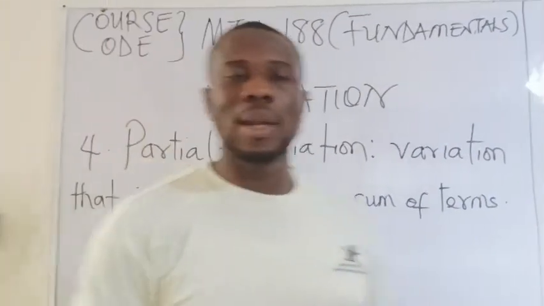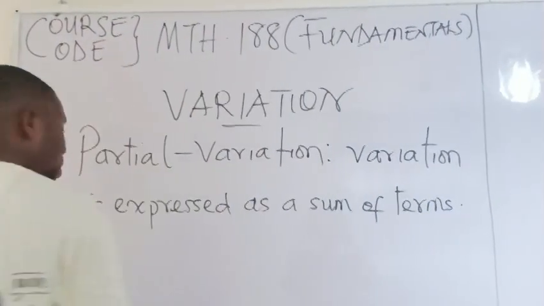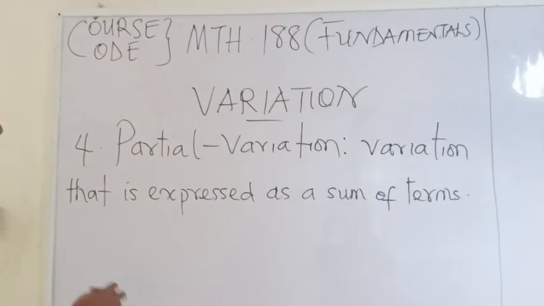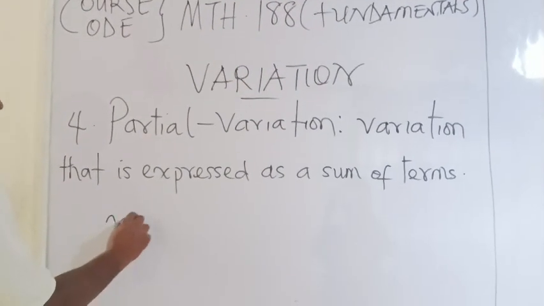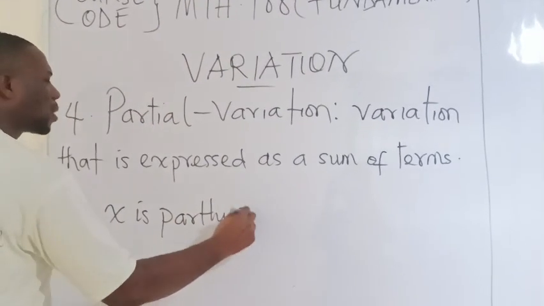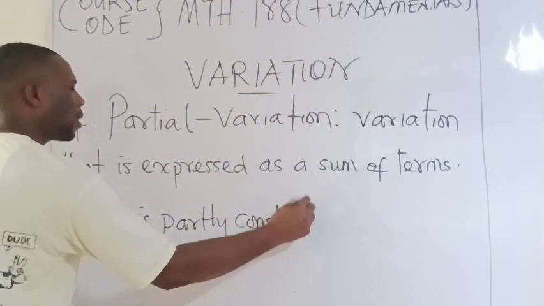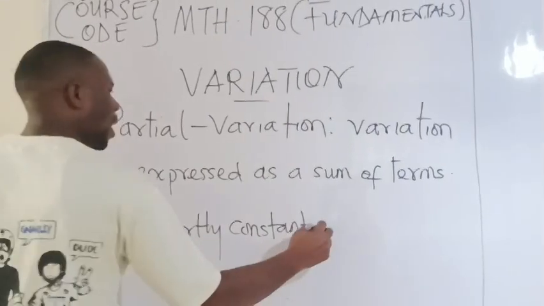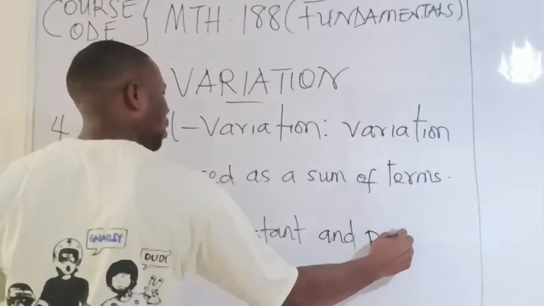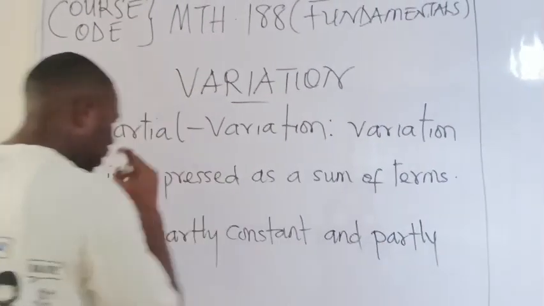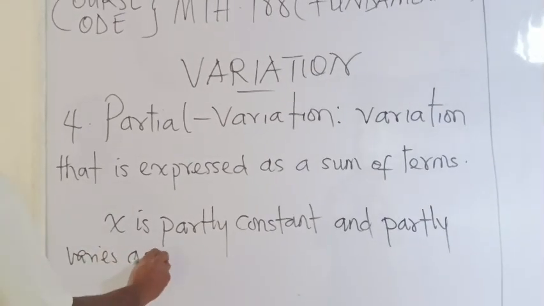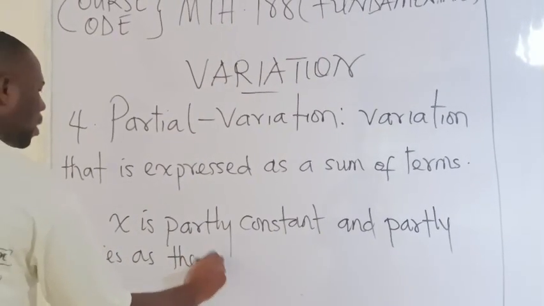Let's take, for example, a quantity x. Let's say I have a quantity x, and I tell you that quantity x is partly constant and partly varies as the square of y.